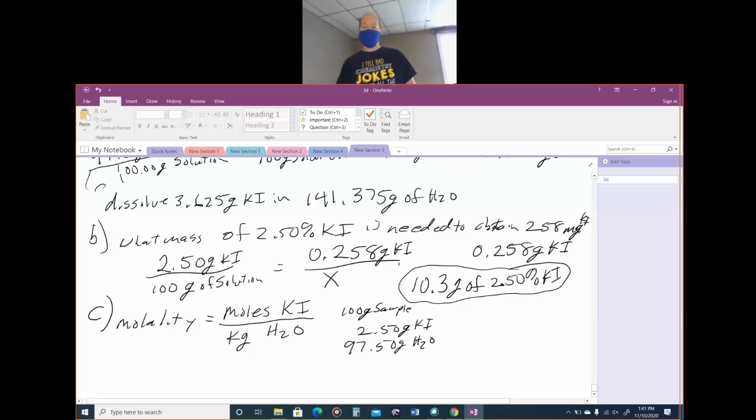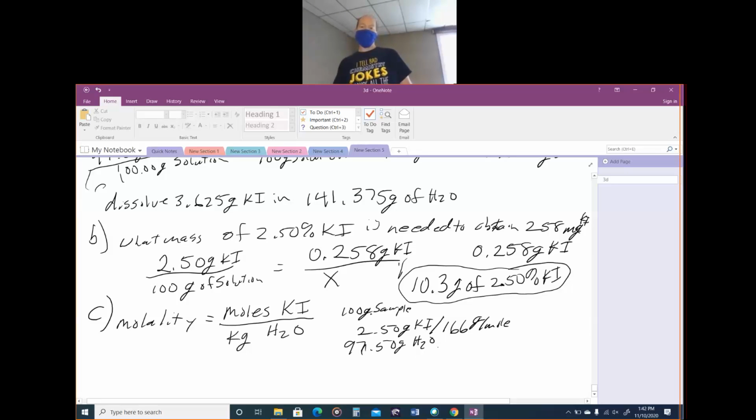You just take the mass of KI divided by the molar mass of KI, which is 166 off the periodic table. K is 23, I is 127. You add those up, you get 166. Is that right? No, that's 39. That's not sodium. It is 39 and 127 because that would add up to 166.